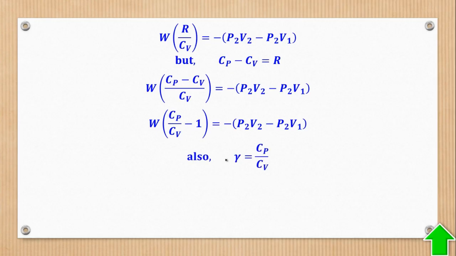Then remember that we said this is the molar ratio of at constant pressure to constant volume. So I'm going to replace it with that symbol. This symbol is called gamma, in case you've been wondering what it is called. But here in this topic, we shall refer to it as the molar ratio at constant pressure to constant volume.